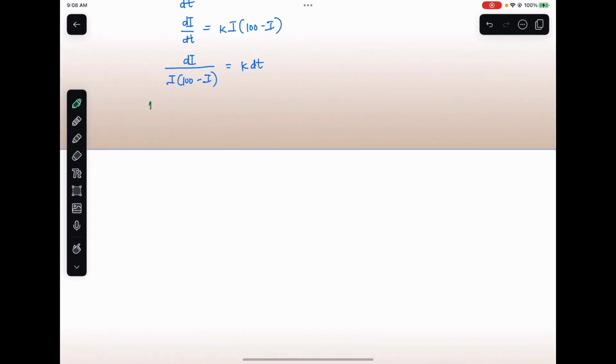This is the same as 1 all over I times 100 minus I. The two factors are I and 100 minus I, and both are linear. Therefore, we have A and B. We multiply everything by I times 100 minus I.